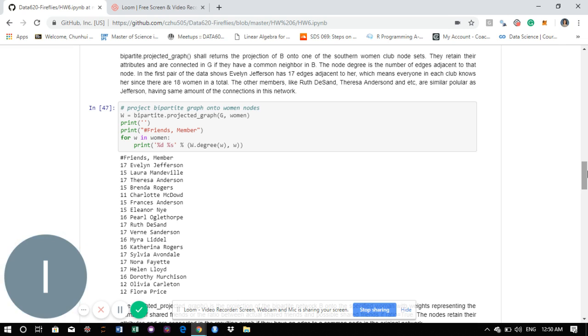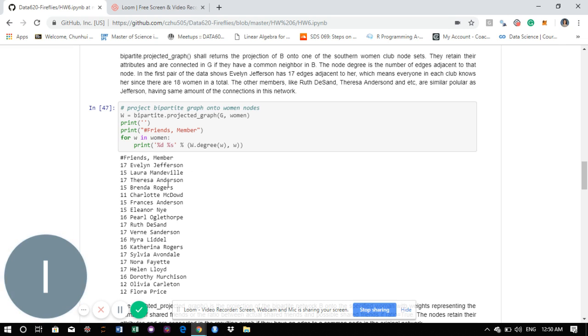Then we will look at how many connections each person in this network has to the other nodes. As this result shows, you can see Evelyn connects with 17 women. That means she has a connection to all the rest of the women in this network.